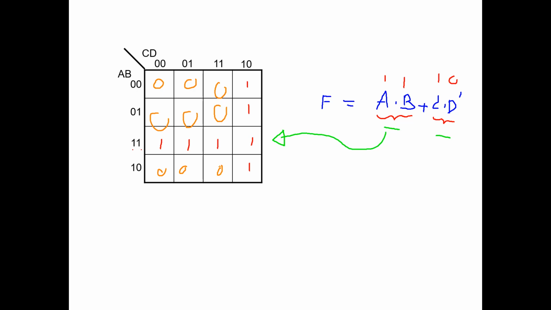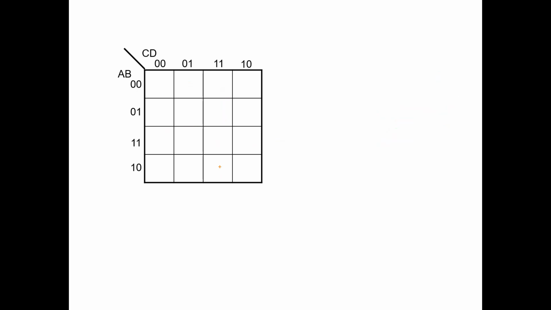Understand? So, if you have a K-map, for example, 1, 1, 1, 1, 1, 1 at here, and you want to know the function, what should you do? Just select, right? Group in 1, 2, 4.